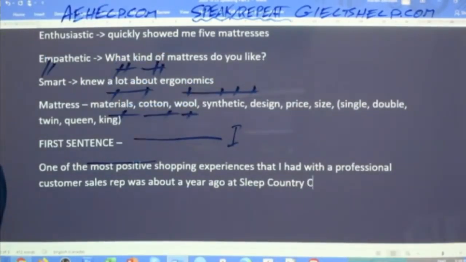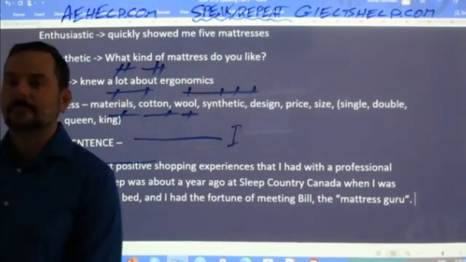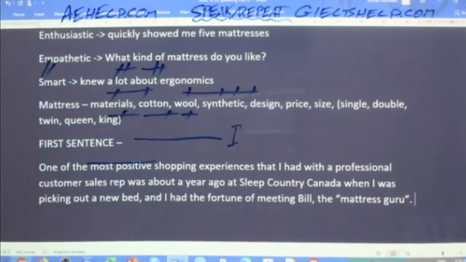At Sleep Country Canada, when I was picking out a new bed, and I had the fortune of meeting Bill, the mattress guru. All right. So here we go. My first sentence. I'm ready to rock and roll.